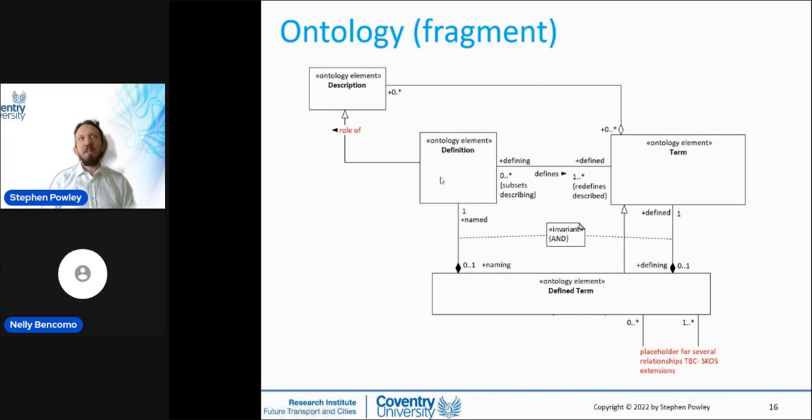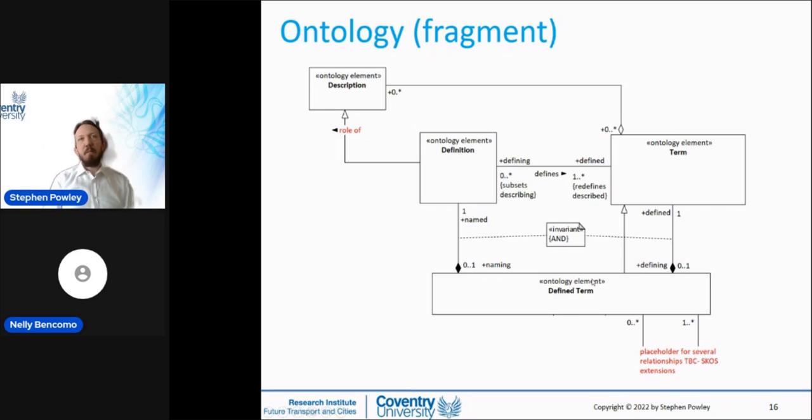We have definitions, and this is actually a type of description, but it's actually a role. And if you're familiar with using roles in modeling, this is a role here. But if your modeling doesn't support the concept of roles in its underlying ontology, then you can treat it as a generalization.